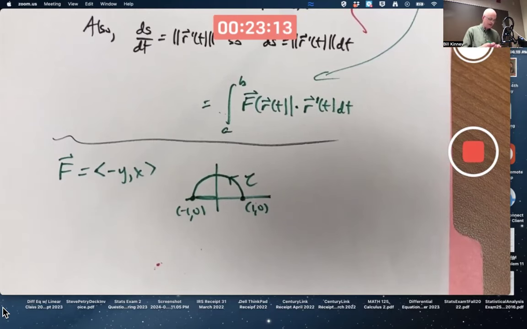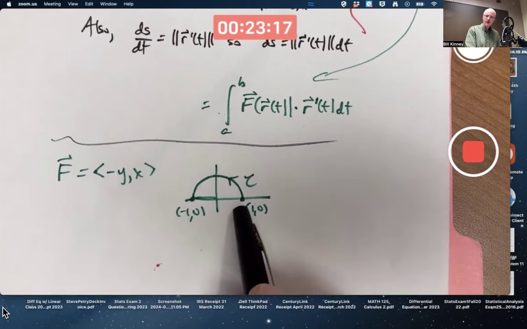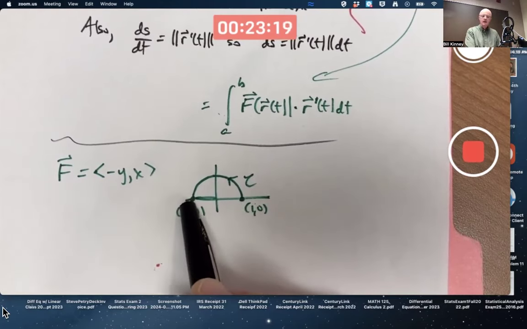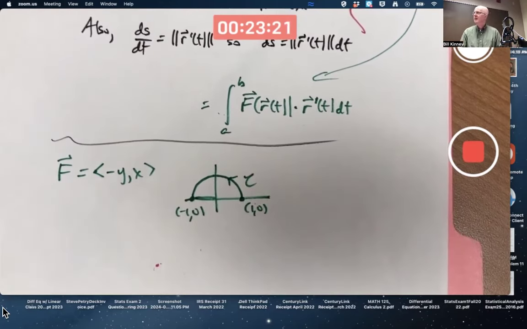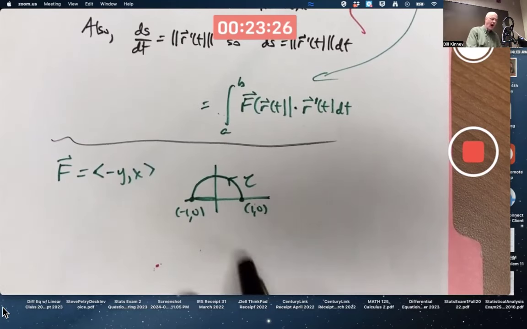If this were a force field and you had a particle moving from here to here, the integral we're about to do would give you the work done by the force field on that particle. Not worrying about why the particle is moving as it is. Again, it could be a mass in a gravitational field, and then yes, the gravitational field would technically affect the motion. It could be an electric charge in an electric field or magnetic field or whatever, and that would be affecting the motion.